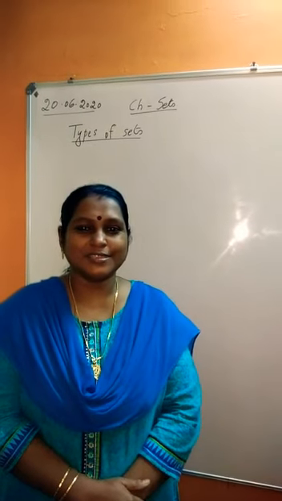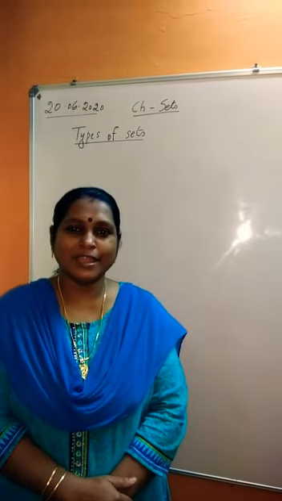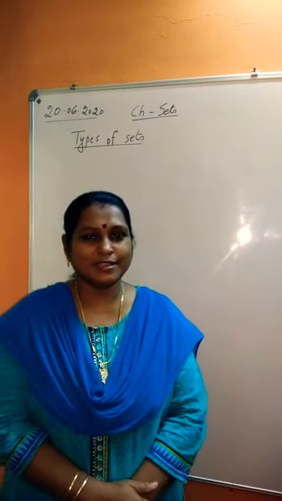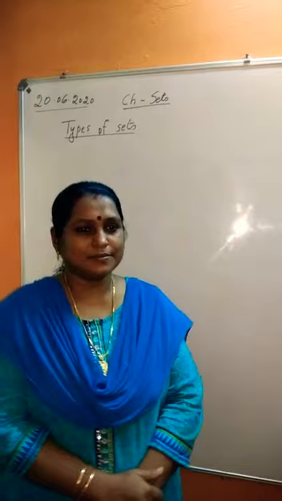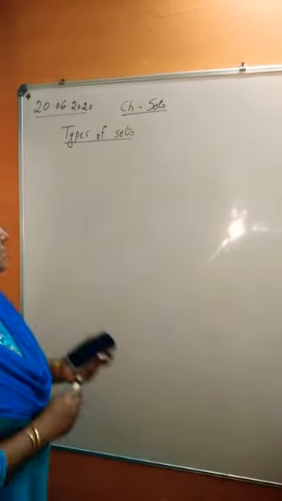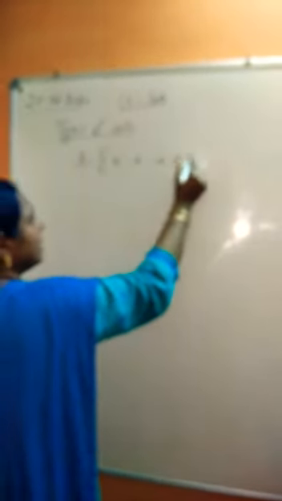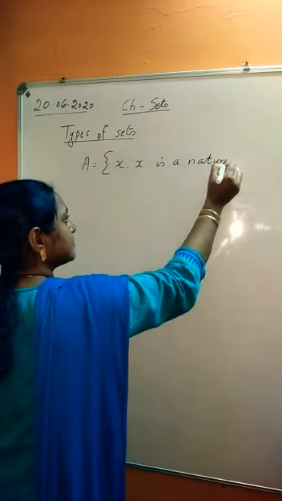In the previous class, we learned the definition and representation of a set. Today, we are going to learn what are the different types of sets. So, for that, let us consider some sets. Let A be the set of x such that x is a natural number.